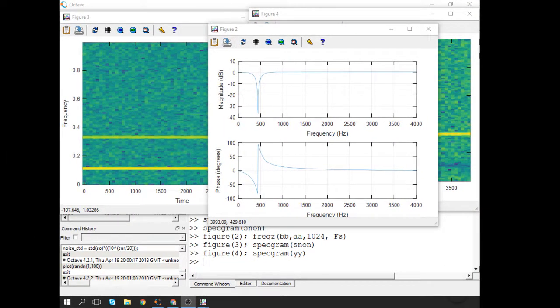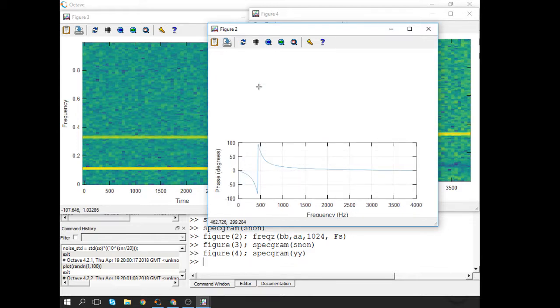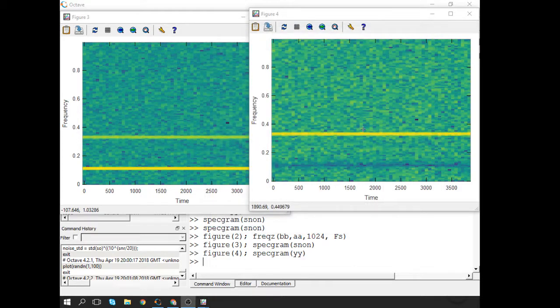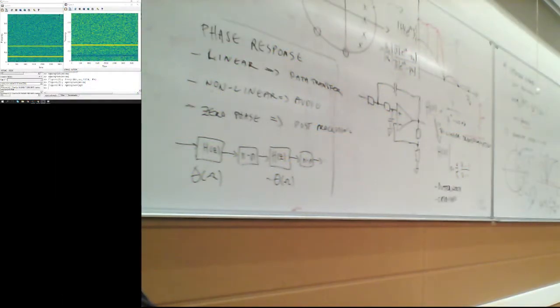So if you have a very narrow notch, meaning the bandwidth is narrow. I'll do it on the whiteboard.